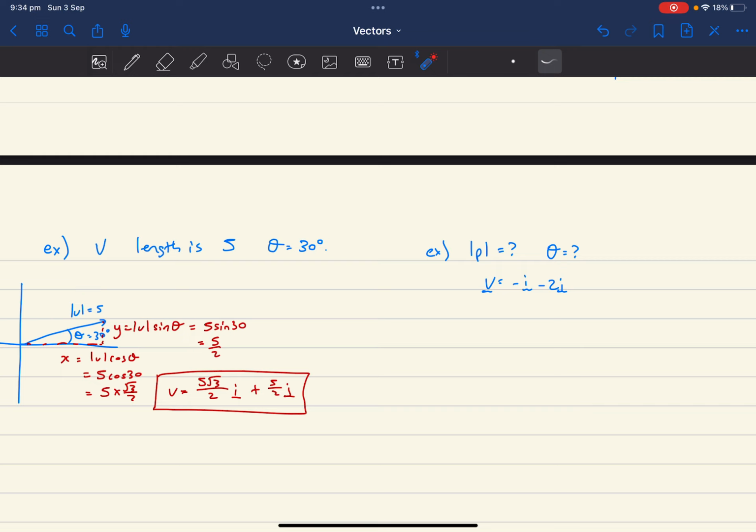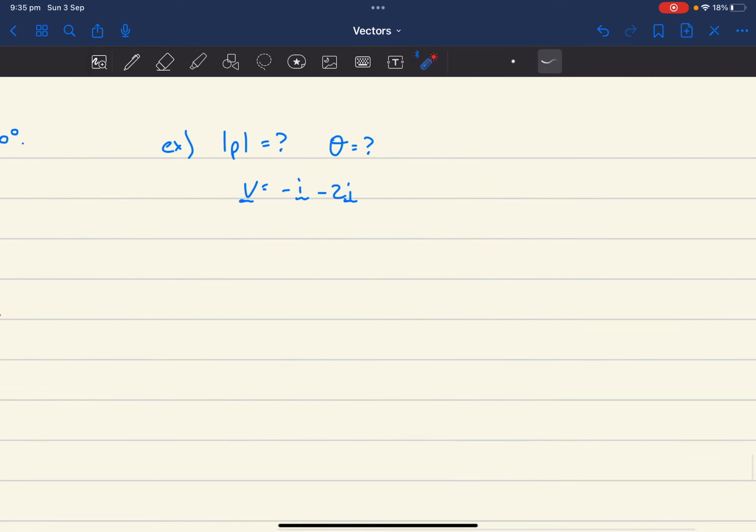Okay, so if I just roughly draw this to get a rough idea of what it would be, negative i means I go -1 in the x direction, right? Negative 2j means I go -2 in the y direction.